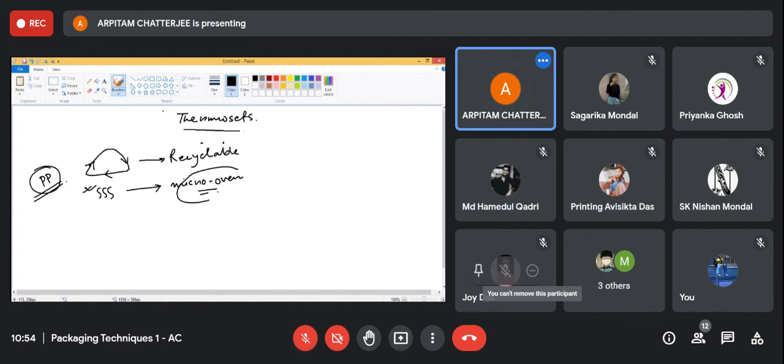Okay. So likewise, sometimes you will see that in some plastics you get a green symbol. What does it mean?